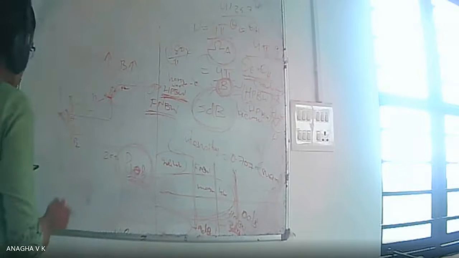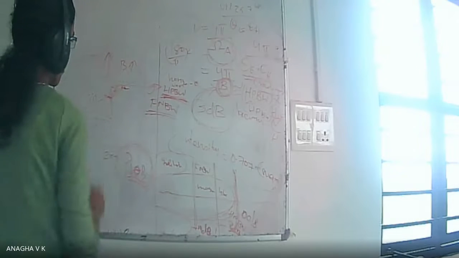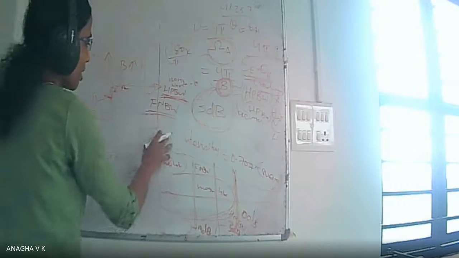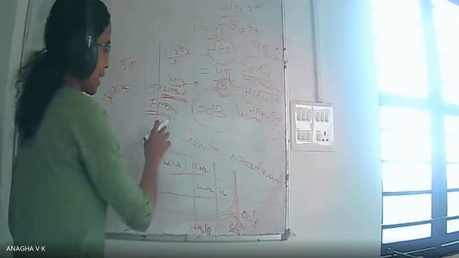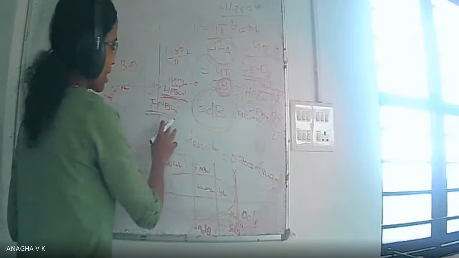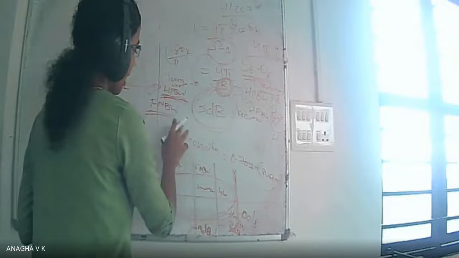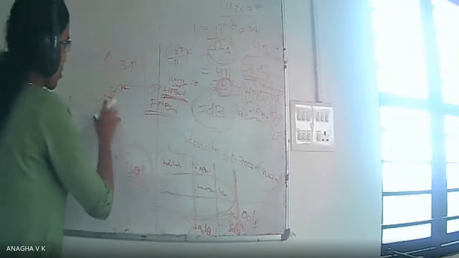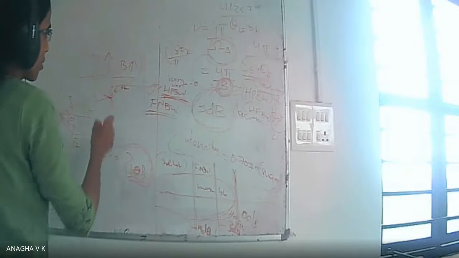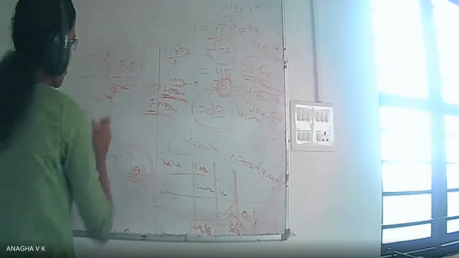So the errors increase in the calculation of directivity. We are calculating the directivity of the short dipole and the half wave dipole, so the errors will increase if the beam width increases. So what are the factors affecting beam width?